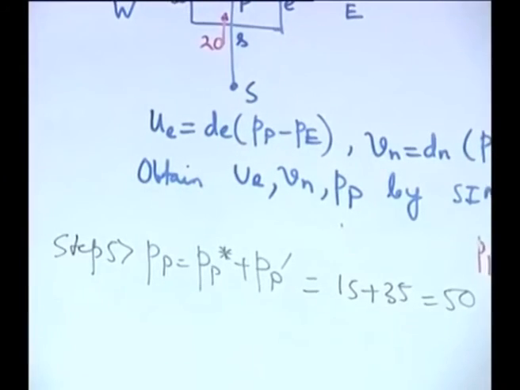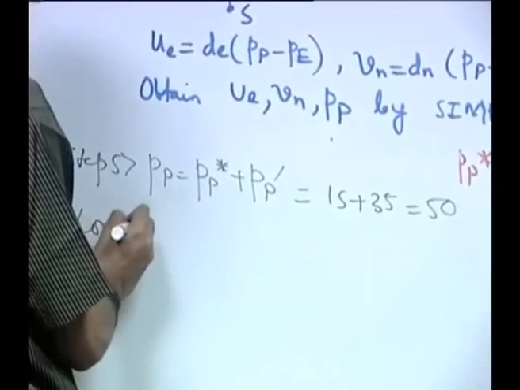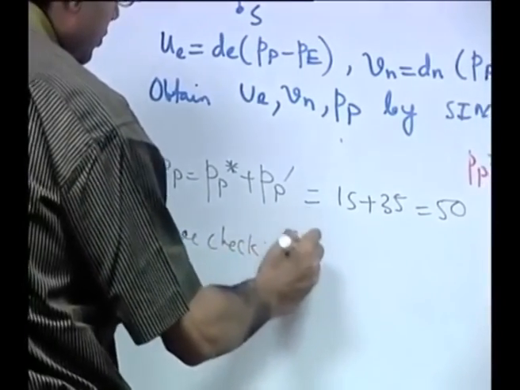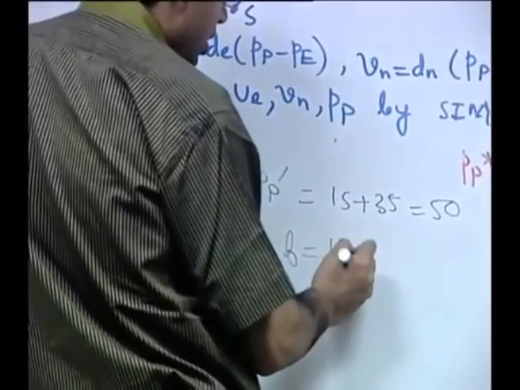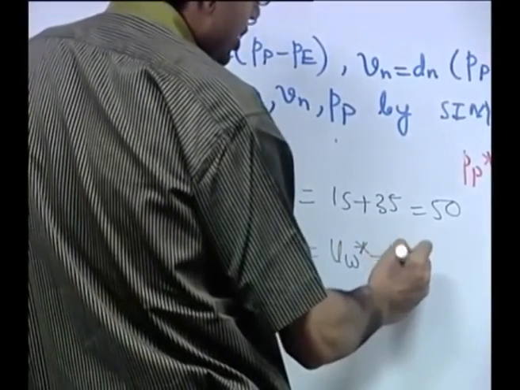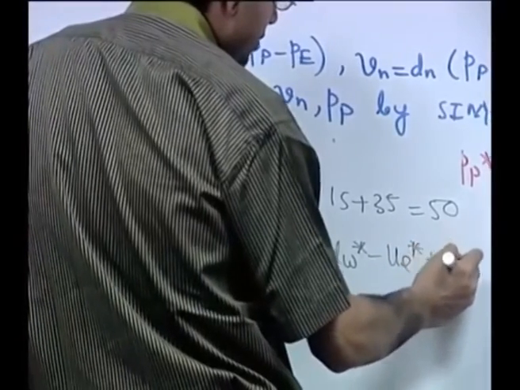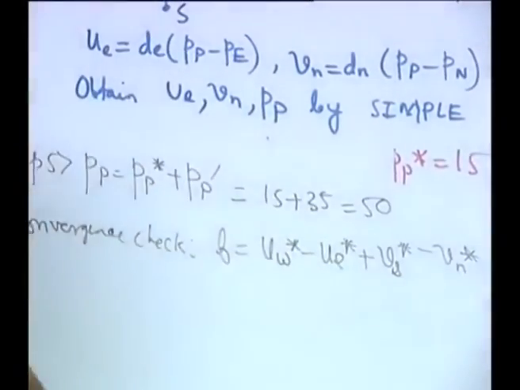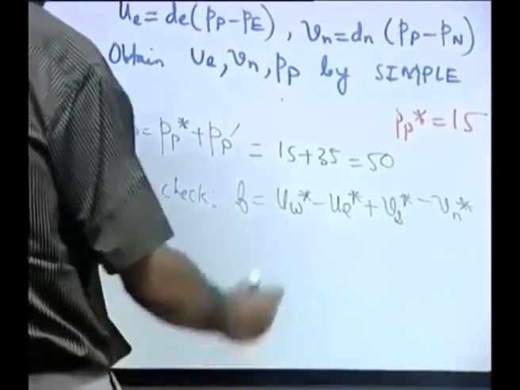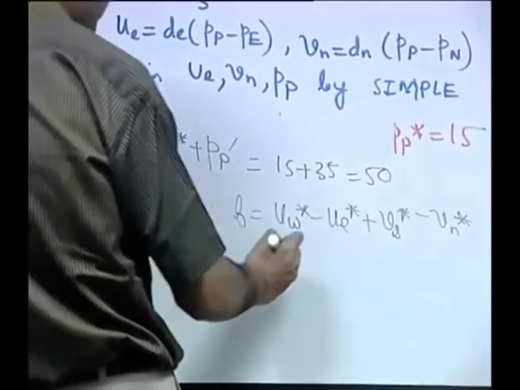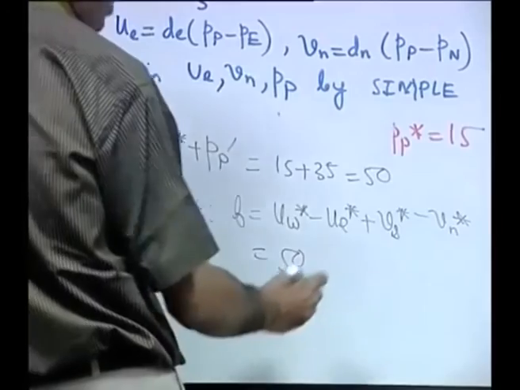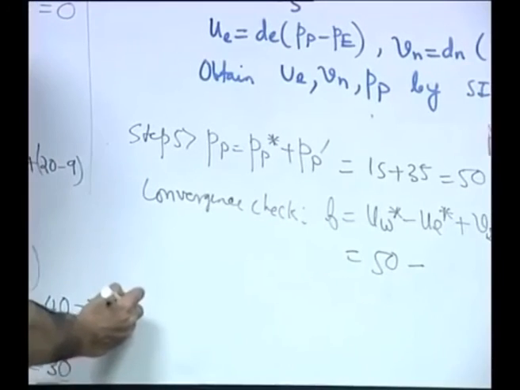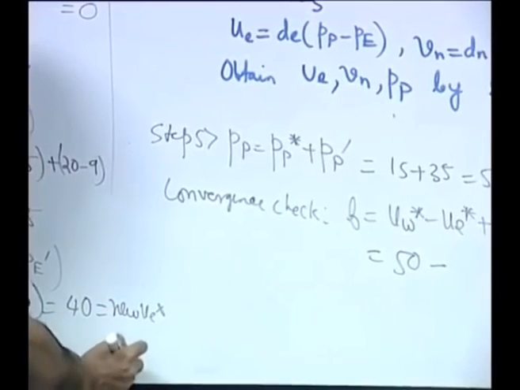Next, convergence check. What was b here? Uw star minus Ue star plus Vs star minus Vn star. Uw star is 50, that is given, minus Ue star, this is new Ue, this is new Vn.